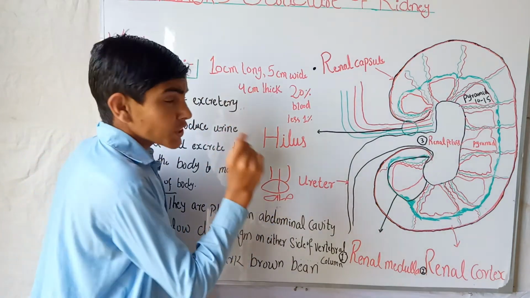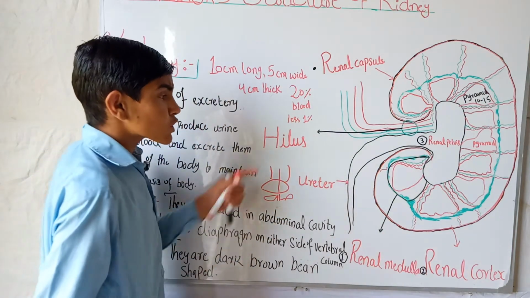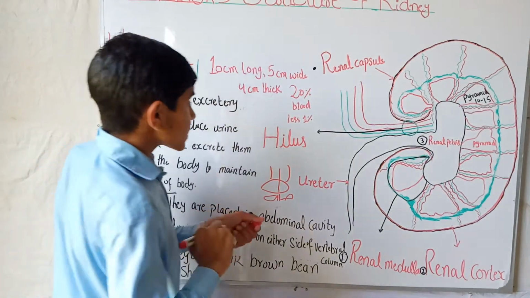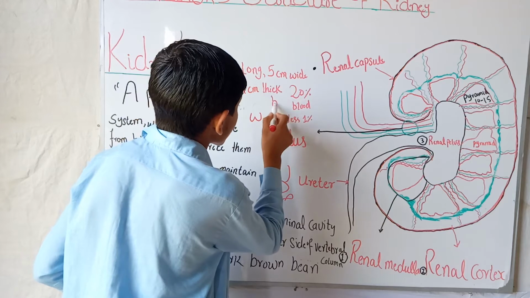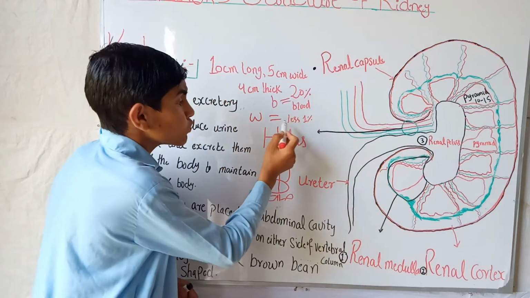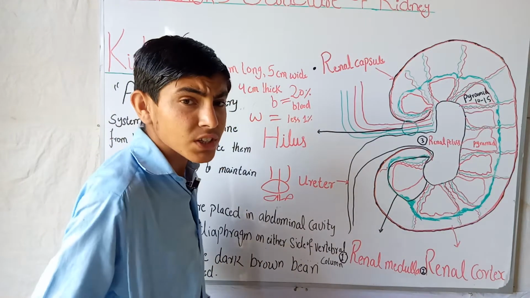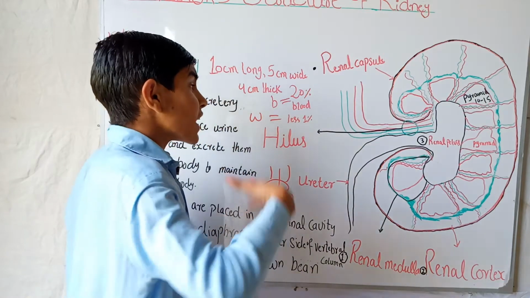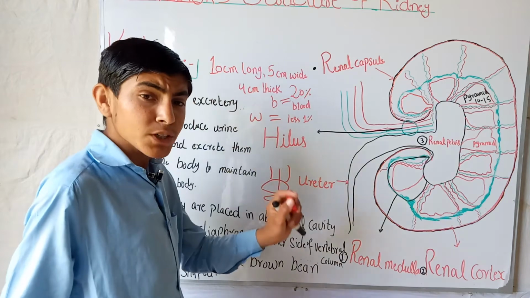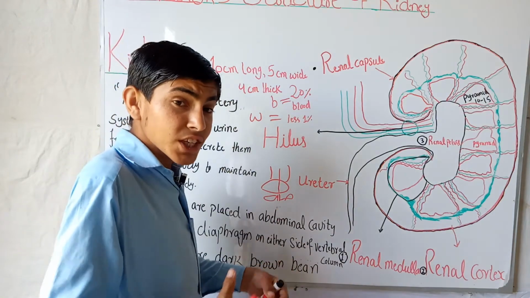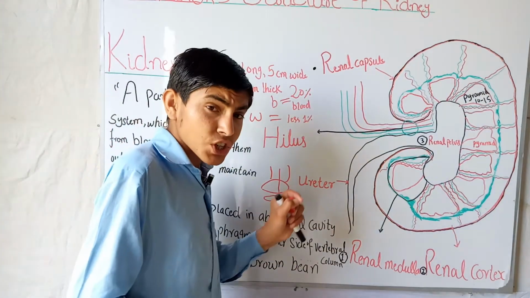But one wonder is that its weight is less than 1% of the whole body weight, yet it receives about 20% of blood with every heartbeat. This is due to its function with the blood.